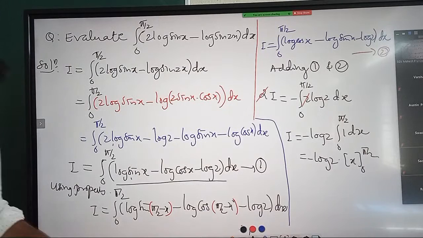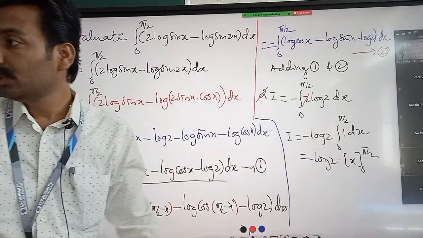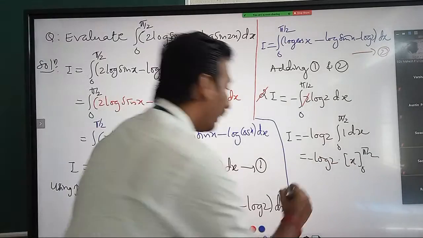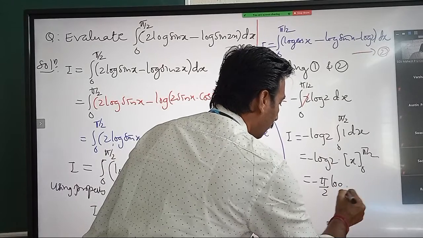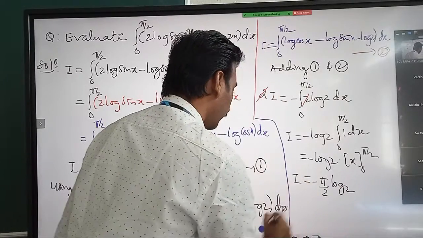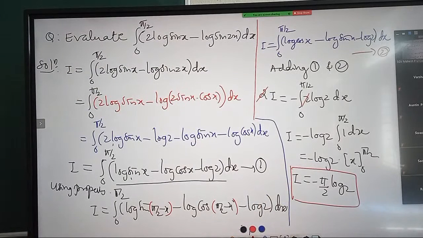If I take upper limit as pi by 2, I get pi by 2 into log 2. Correct? So I get finally minus pi by 2 into log 2, and this is all I. So this is my final answer: minus pi by 2 into log 2.